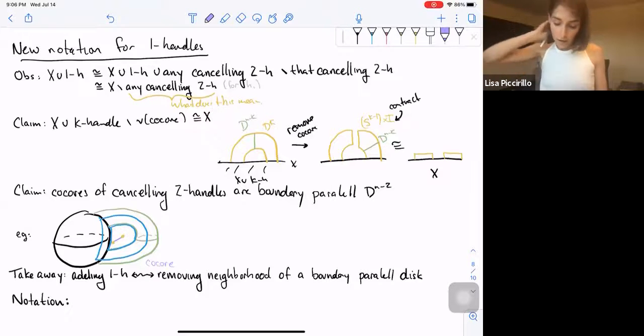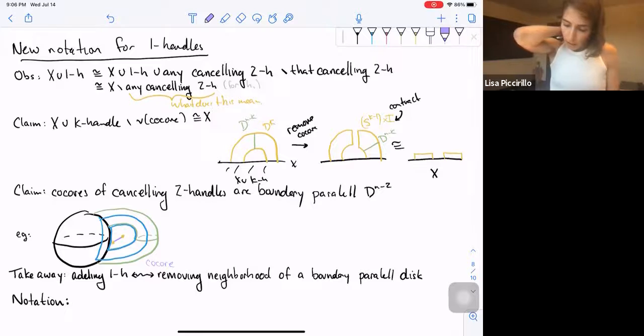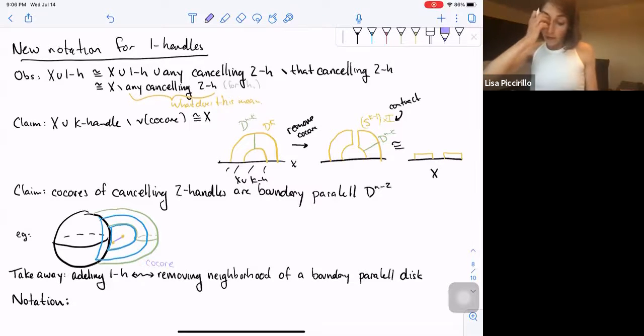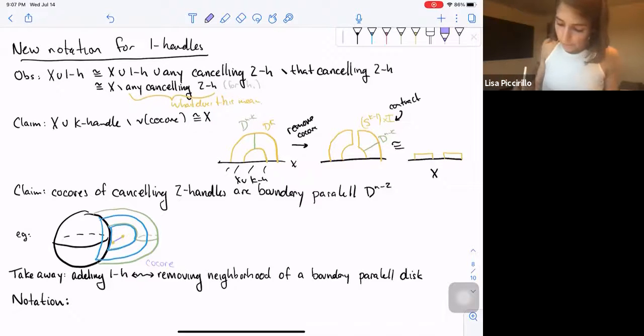Very good, that makes sense in this picture, and that'll sort of give us back our one handle. But I want to find some way to recognize this co-core without having to know where the one and two handles that it came from were. So first let me observe that this co-core can be isotoped around, and in particular it could be isotoped around until it was right here. So that's a perfectly good co-core as well.